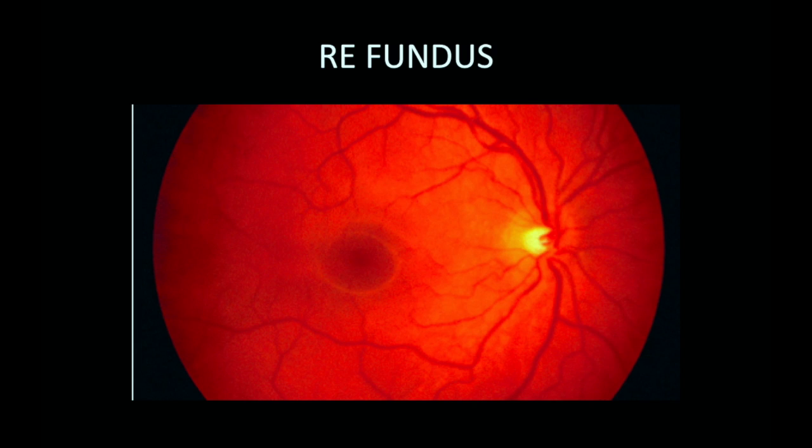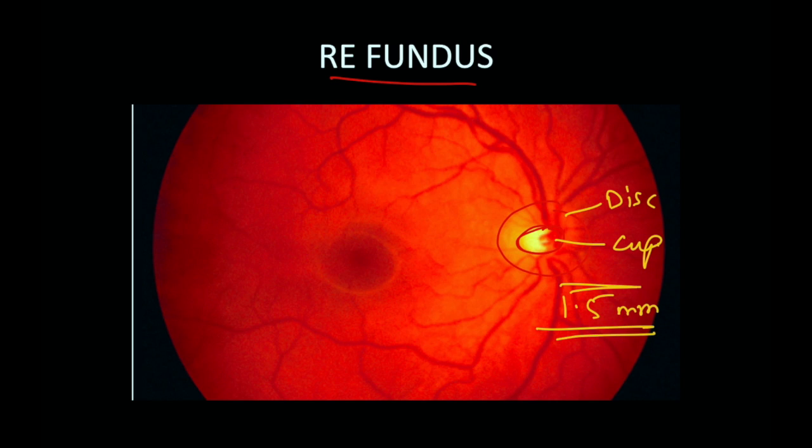So let us go for fundus in detail. Now this is going to be the posterior pole or the fundus of my right eye. In this picture, I'm seeing an optic disc with a physiological cup. So there is a disc and there is a cup. The diameter of this optic disc is 1.5 mm.